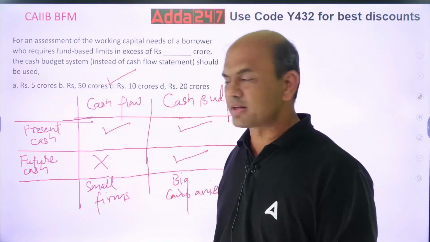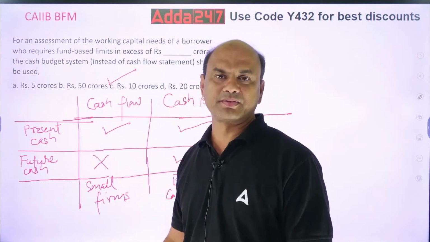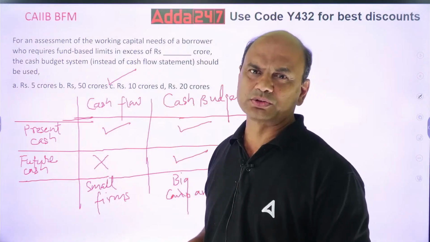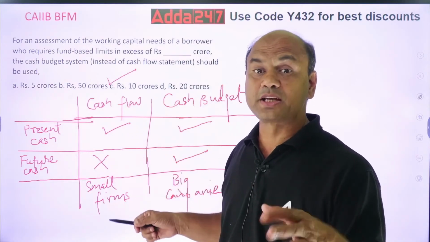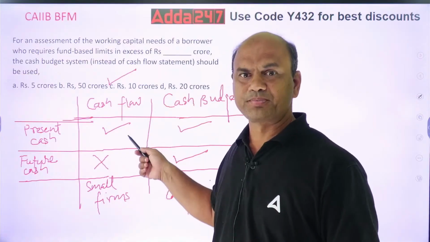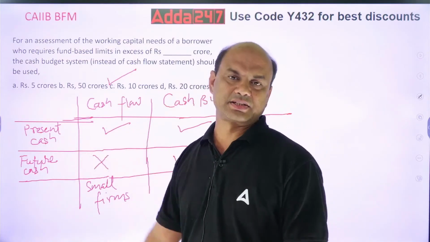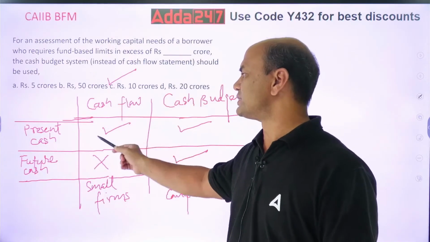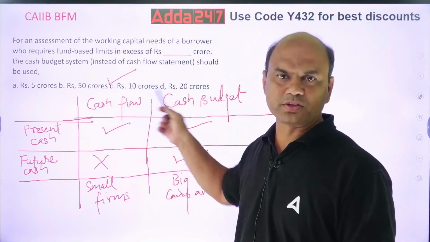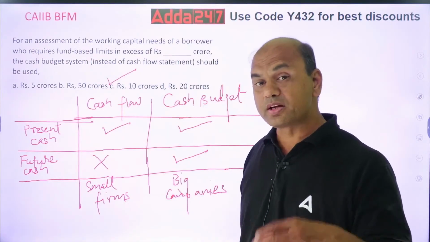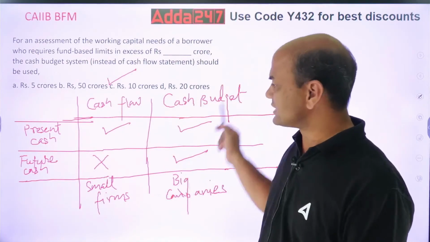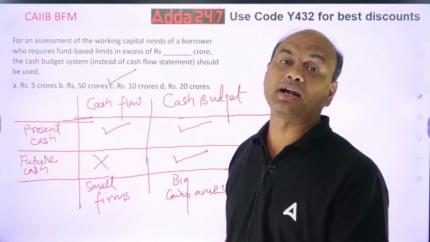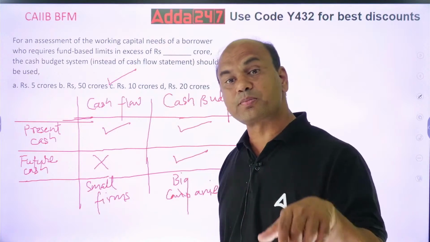So in cash flow and cash budget, what is the difference? In the cash flow system, we use only the present cash: whatever comes in, cash goes out. Cash flow statement, same. We only check the present cash. This present cash is used in both. But what is the difference then? In cash budget, I use the future cash also, the future expected cash, all based on the project report.